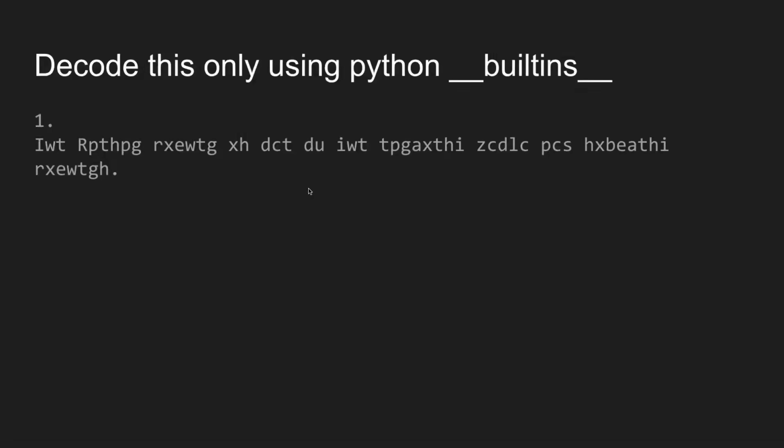Zero, six, five. So if A is like 32, I think in ASCII it's in alphabetical order. You'd be able to add to the character and then change the character.